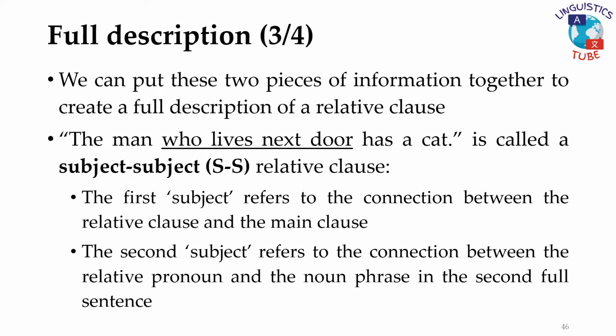The first subject refers to the first part of the classification, the connection between the relative clause and the main clause. Specifically, that the relative clause modifies the subject of the main clause. The second subject refers to the connection between the relative pronoun and the noun phrase in the second full sentence. Specifically, the subject of the original second sentence is the antecedent of the relative pronoun.